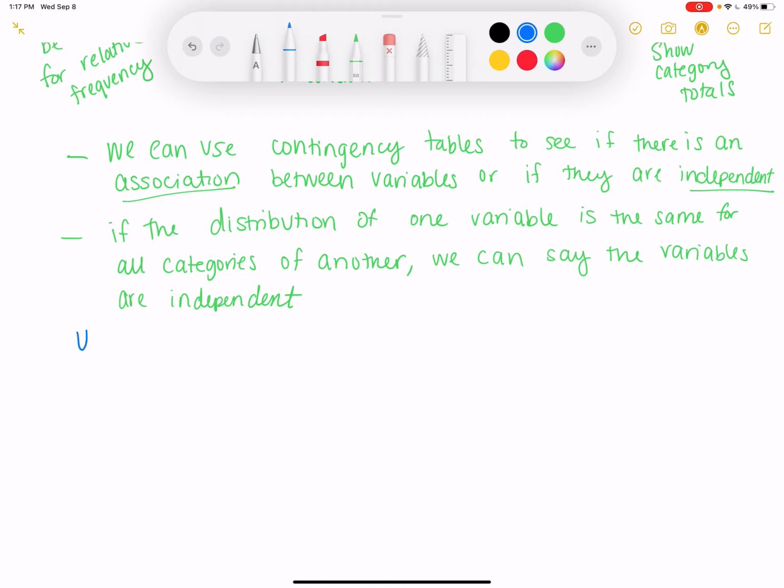All right, so using the table, looking back, we're going to look at the men's distribution for each flavor and the women's distribution for each flavor.